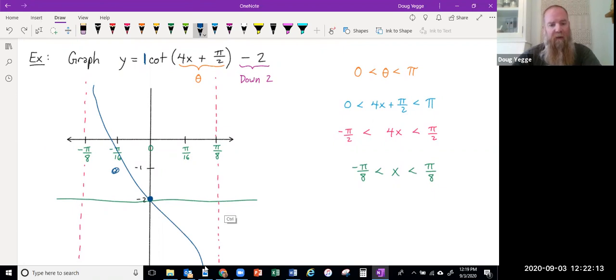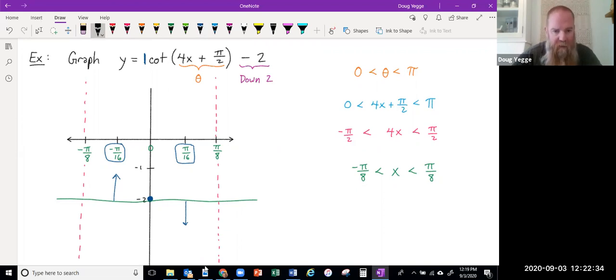And so we're going to plot those at the halfway point of negative pi over 16, 1 unit above this middle line. And at pi over 16, we're going to plot it 1 unit below that middle line, which means we're going to have to go to -3 in order to be able to plot our point.